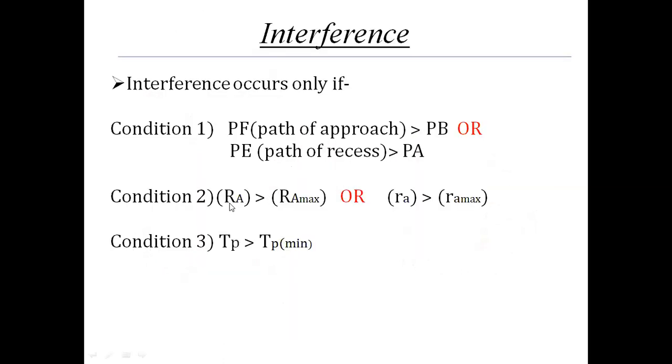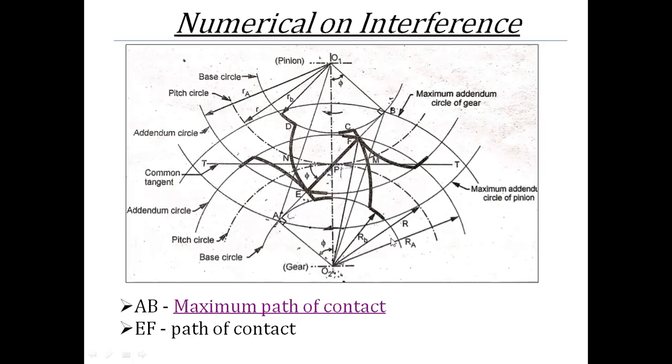Second condition: if RA, the addendum circle radius for the gear, is greater than RA max, at that time interference will occur. This RA max is the maximum up to point B. Beyond that, interference will occur.